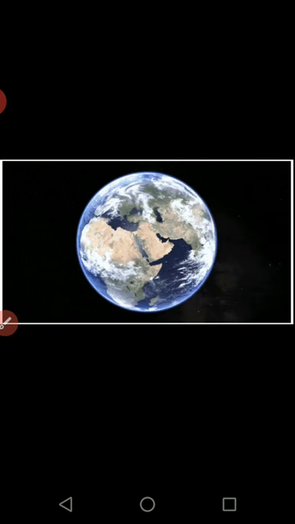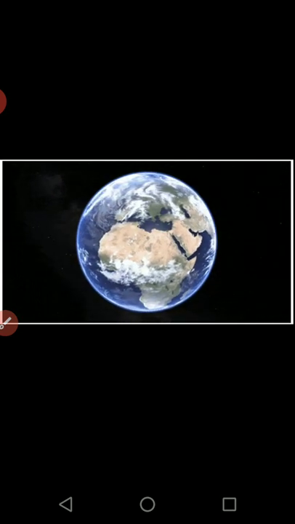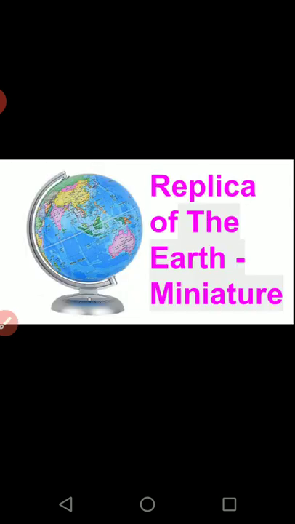In order to make the study of each and every region, each and every part, each and every country and the features easier, what human beings have done is they have made imaginary lines on this particular image, right? And that is what we call the globe.